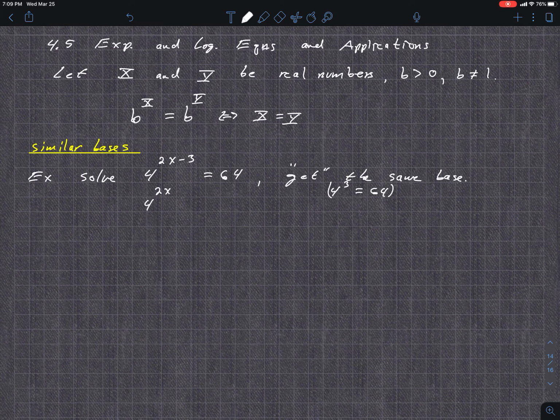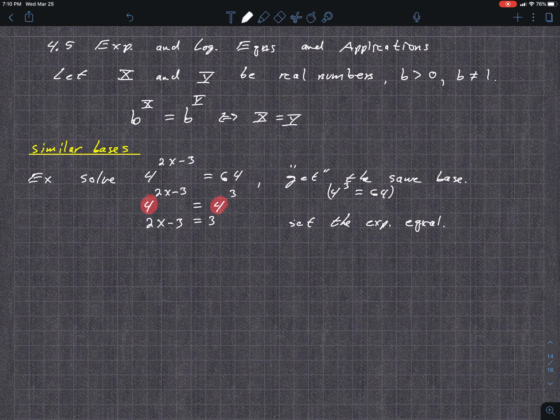So that's equivalent to 4 raised to the 2x minus 3 equal to 4 to the third. Now that these bases are the same, we can set the exponents equal. That's equivalent to 2x minus 3 equal to 3, and then you solve that equation.